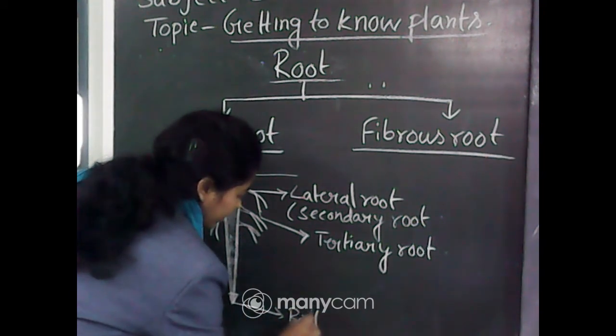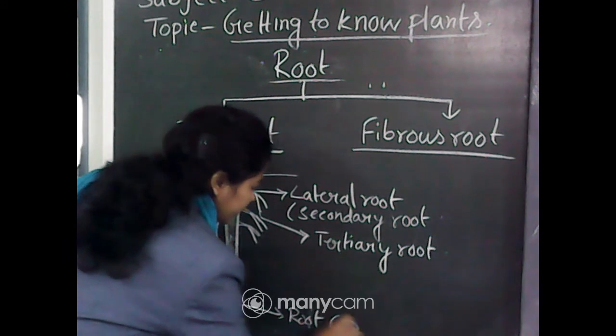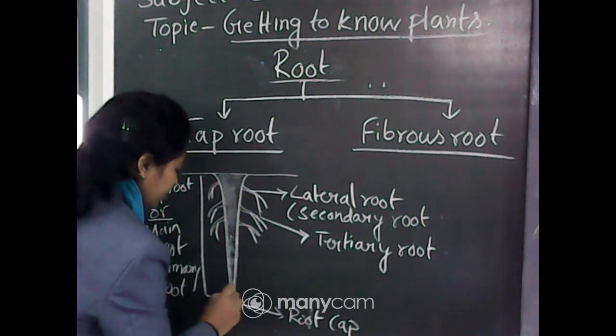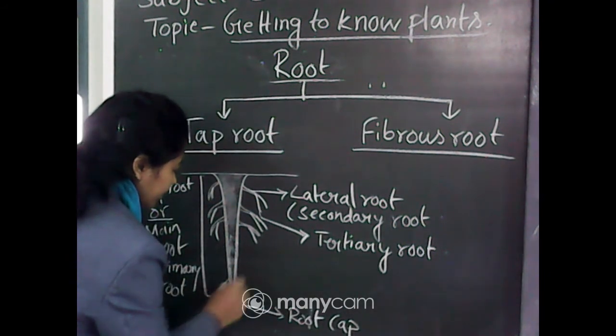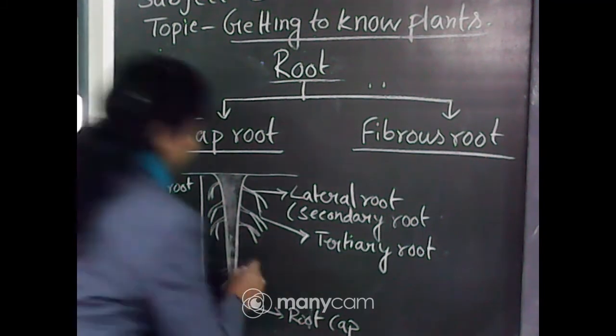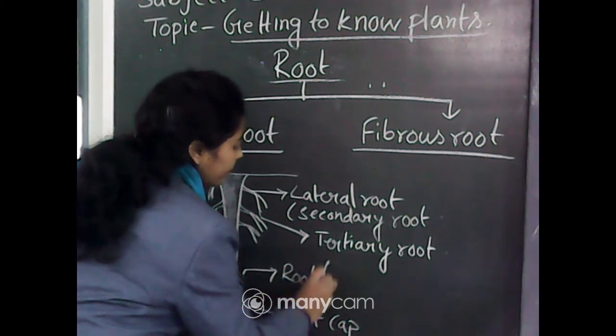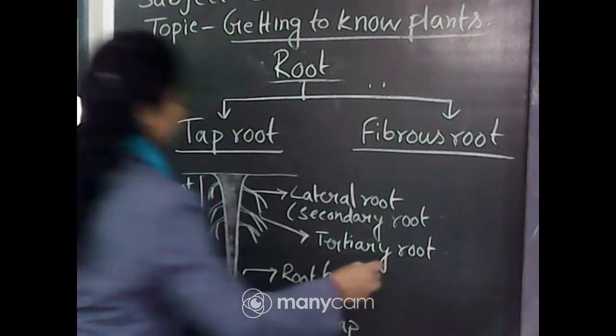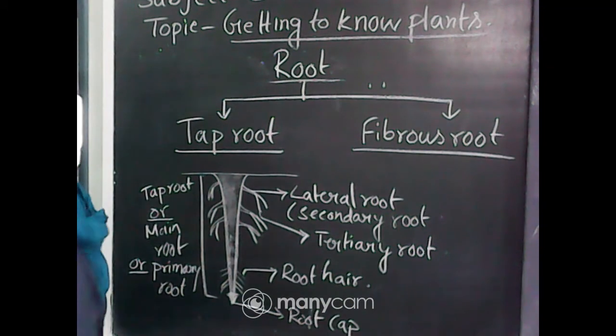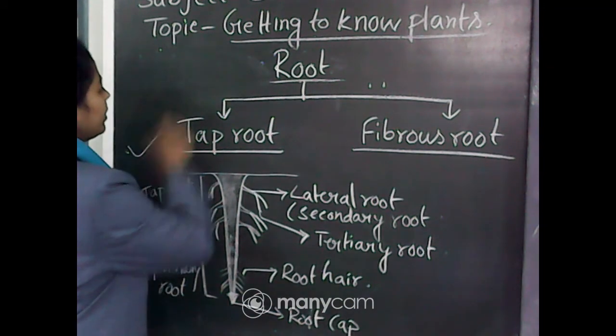Before this root cap there are some hair-like structures present above it. These are called root hair. So this is a typical diagram of a taproot.